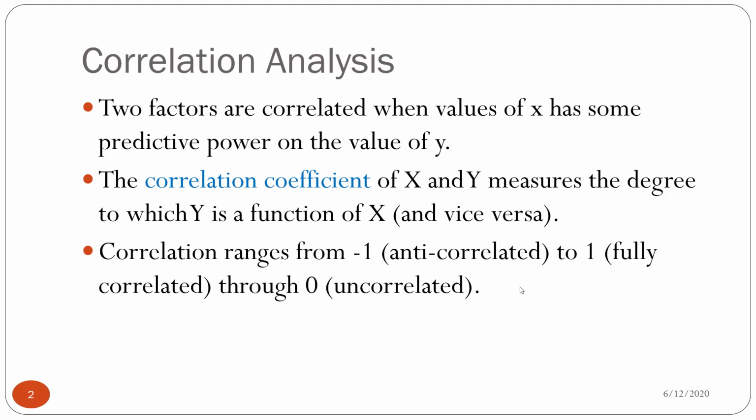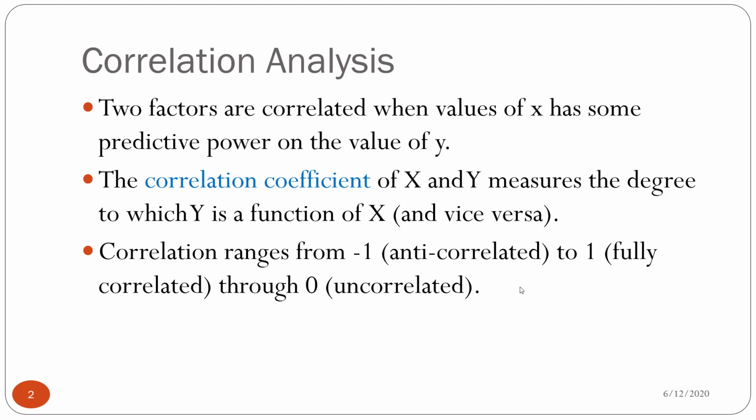Anti-correlated is still a good thing, right? If you have a high anti-correlated value like -1, -0.9, or -0.8, or a positive value very close to 1 like 0.9, 0.7, or 0.8, then these two are good. Anti-correlated information is also positive, and even the fully correlated information is also positive.